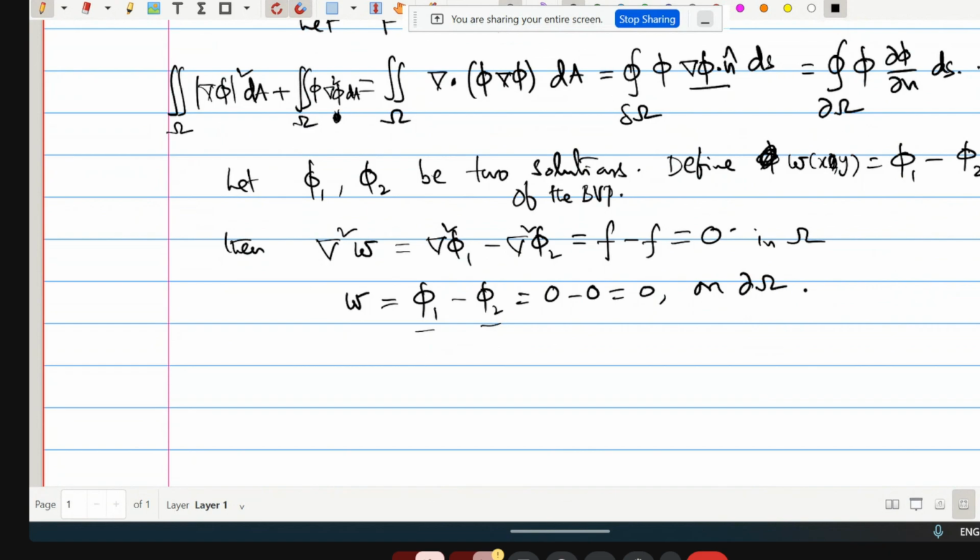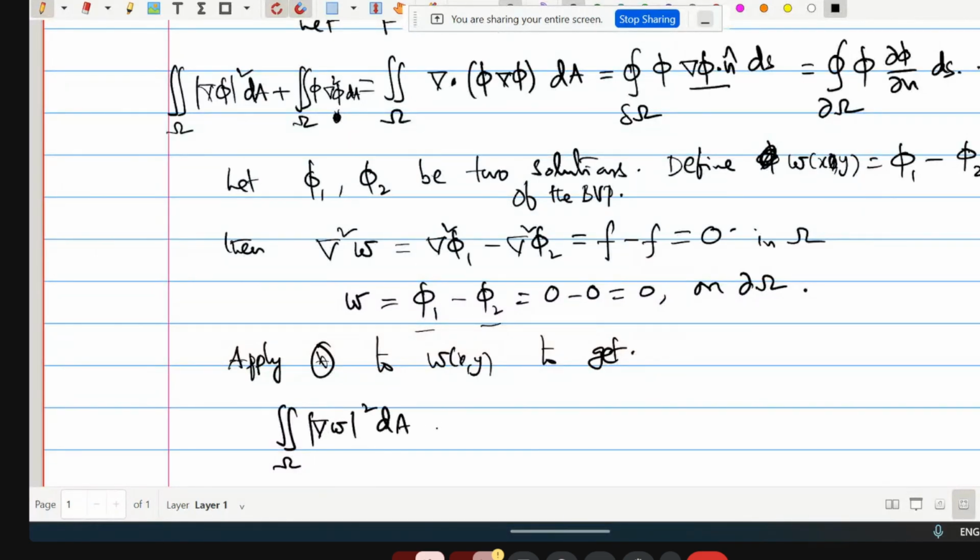So now you apply star to the w function to get integral over omega of del w whole square dA plus integral over omega of w into del square w dA equal to integral over dou omega of w into dou w by dou n ds.